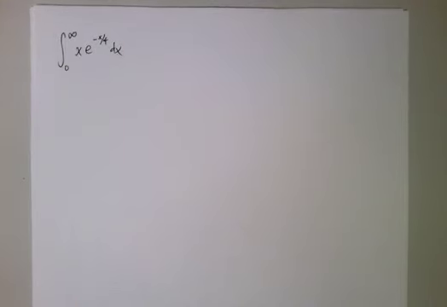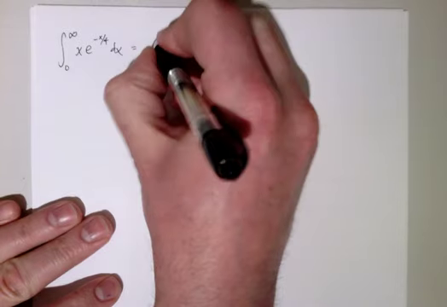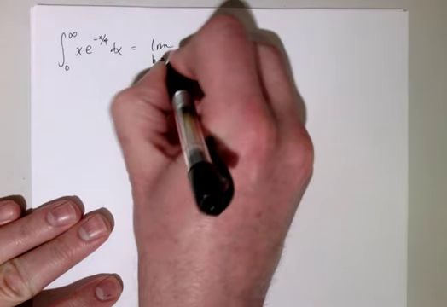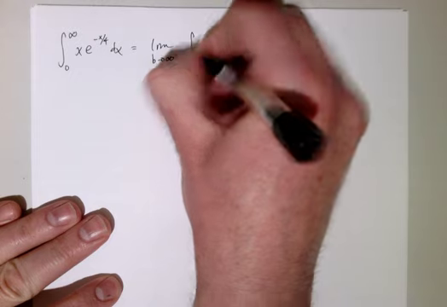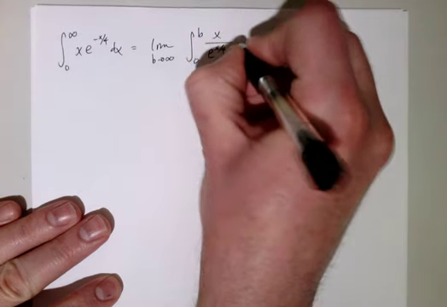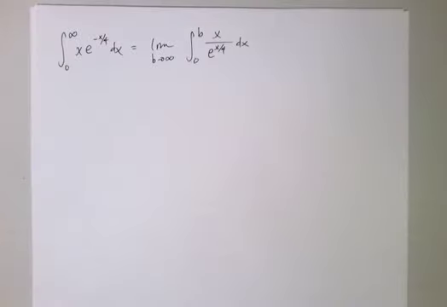Now, what does our hunch tell us is going to happen on that particular problem? Well, I know that once I start integrating, I'm going to have to use parts. That's easy enough to figure out. But I know that once I deal with this limit as b goes to infinity of the integral from 0 to b, I recognize that really this is this.